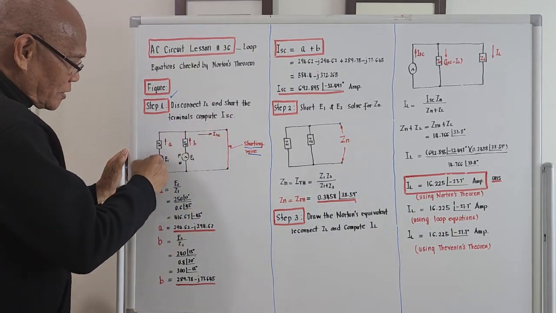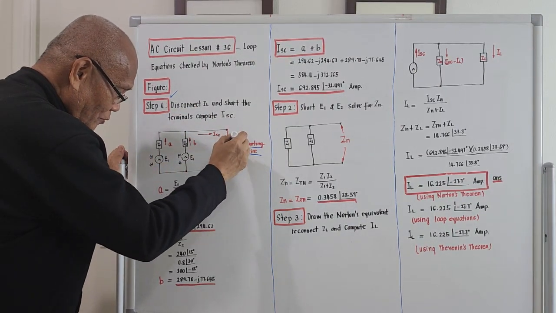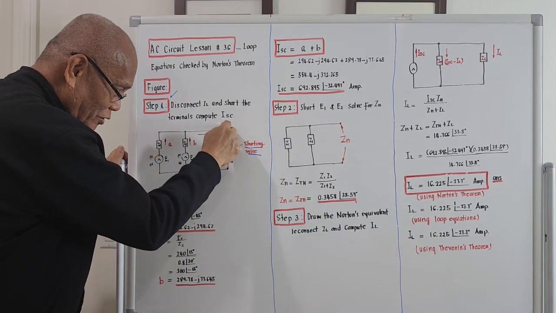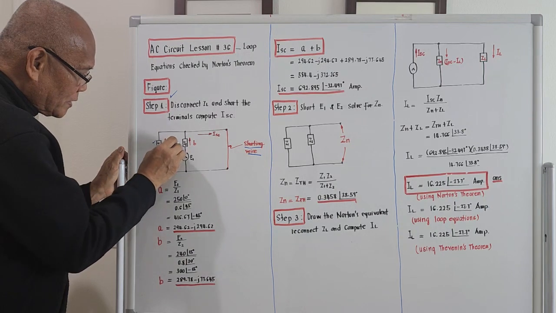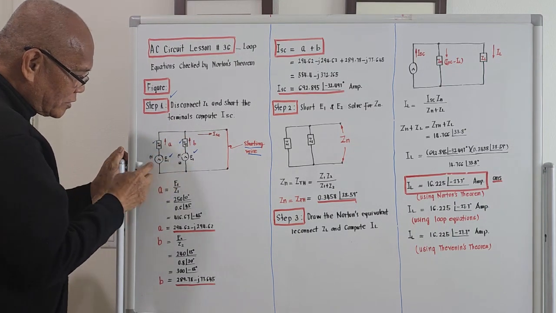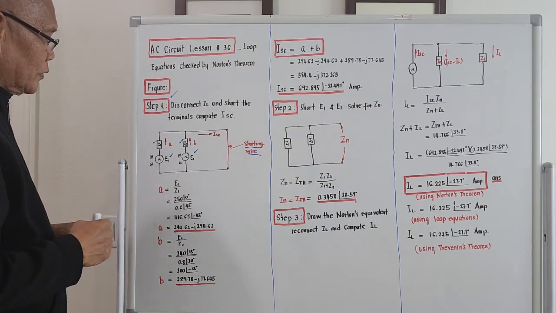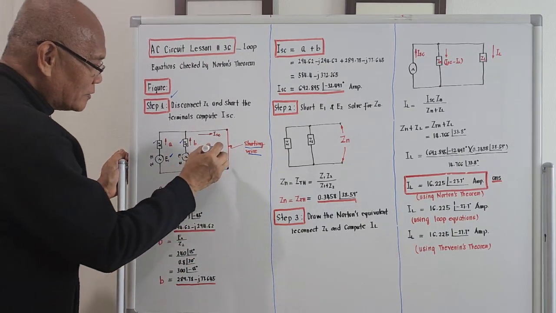This was the given original figure. We have here the load Z sub L. We remove it for the meantime, then we short the wires. So this is Z1, Z2, E1, E2 with the polarity indicated. If we short out the terminals, there will be a current that will pass here.